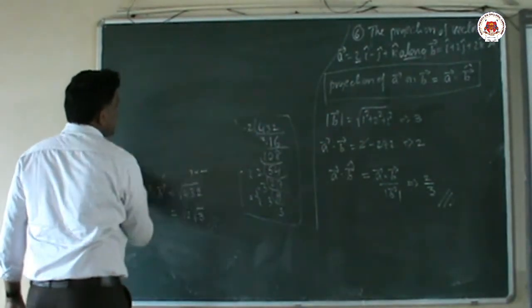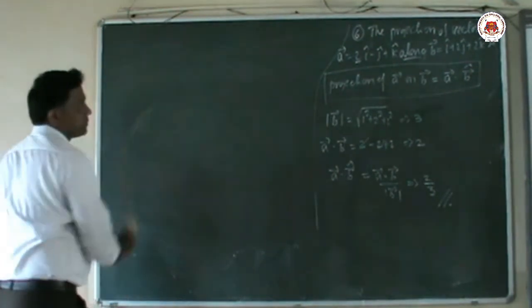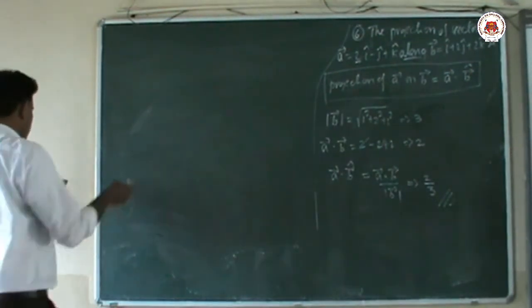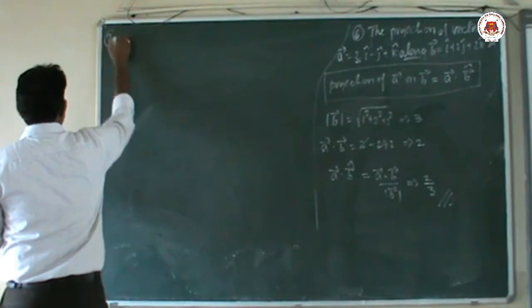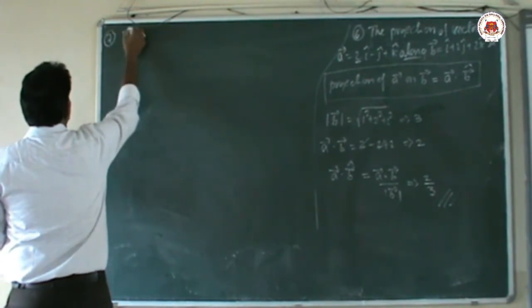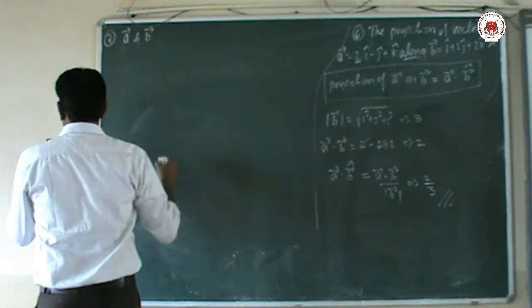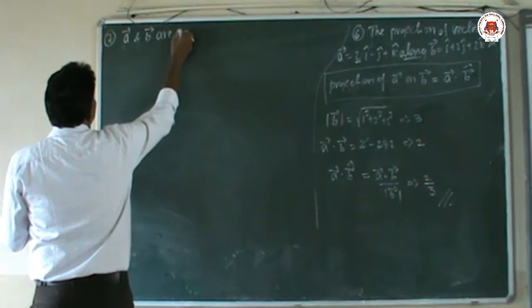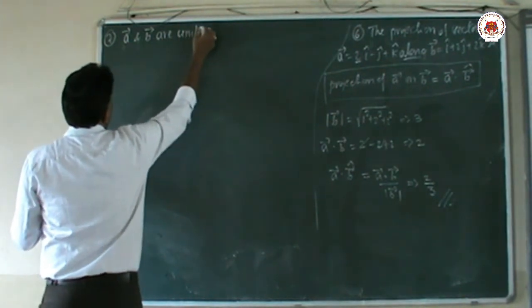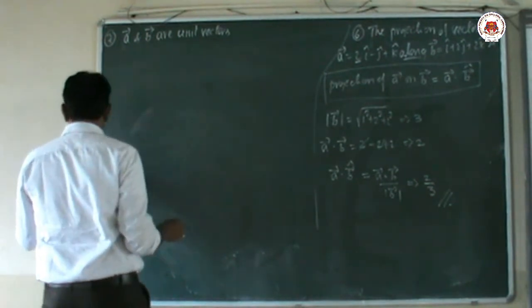Now the seventh question is: A vector and B vector are unit vectors.